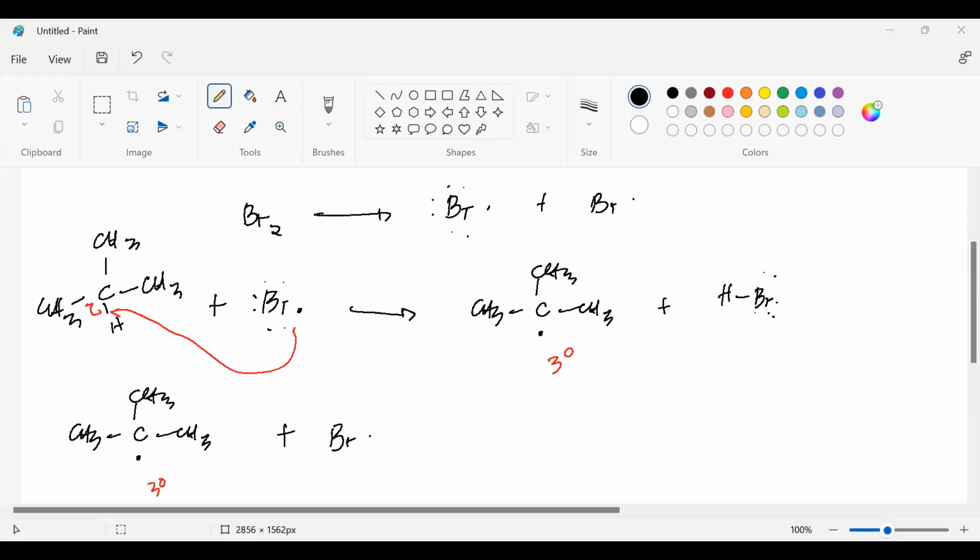Okay, so you actually have your Br dot there for the termination step. Alternatively, you can also have your Br2 react to actually form your CH3, C. Again, you will have your homolytic bond cleavage. This is just another propagation step.